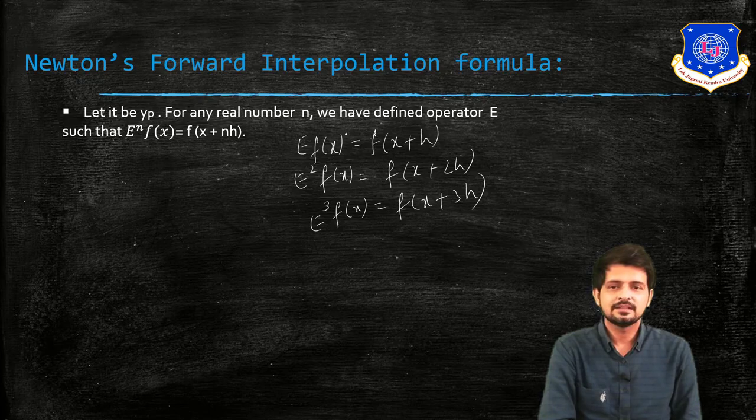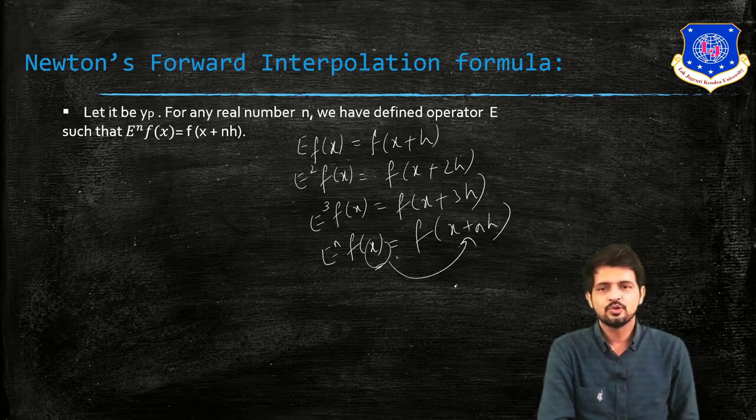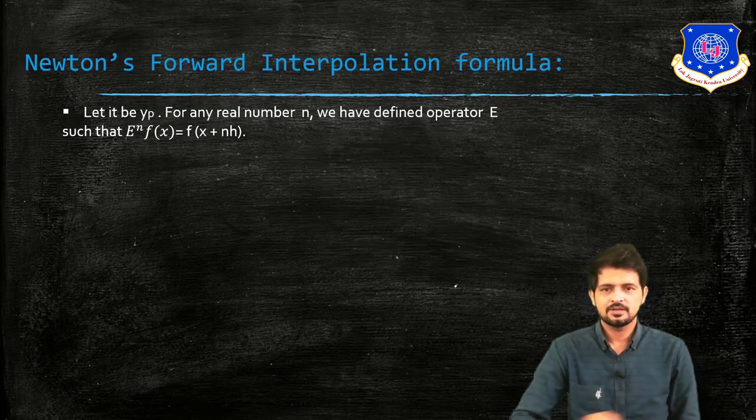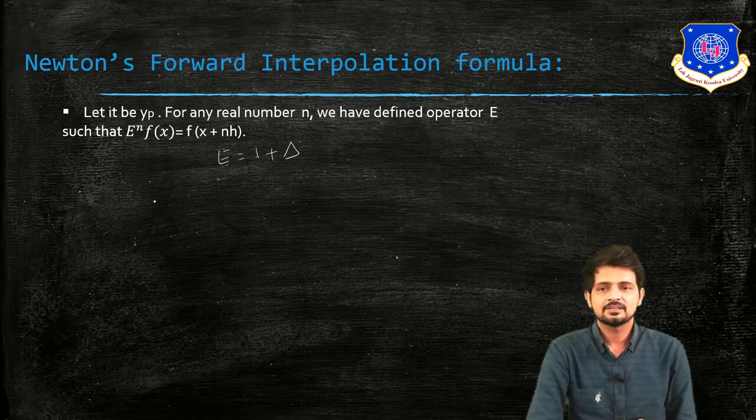So E is nothing but the shift operator, and similarly if I want to write E raised to n f of x, then I can write f of x plus nh. So my value has been shifted to here. Using this shift operator and its relation with del, E is equal to 1 plus del. So we have to use this relationship also.